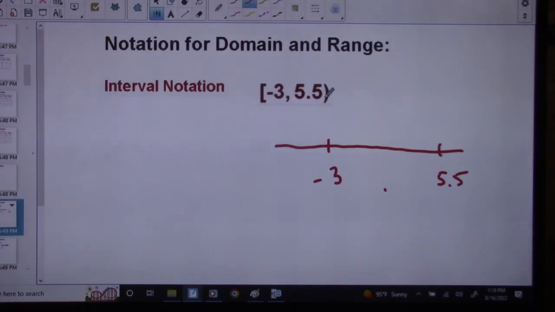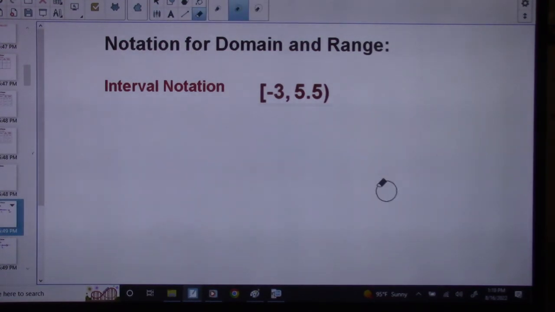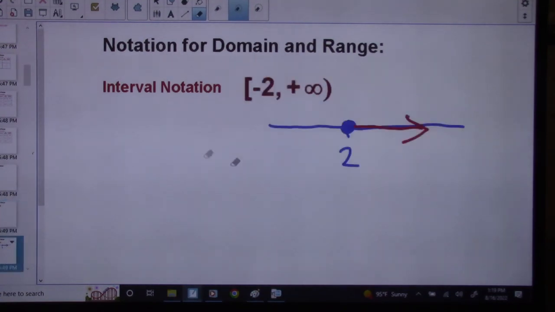Here you have a parenthesis, so you have a hole, and here with a bracket you have the filled dot, and then you're filled in between. So this is a finite interval. And this next one over here, is this a finite or infinite interval? It's infinite, right? Because it has one or both sides unbounded.